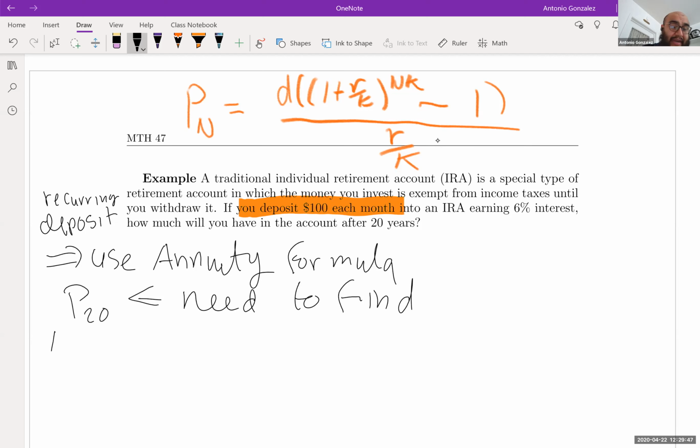In other words, capital N is equal to 20. Let's see if I know the other variables. You deposit $100 each month, so our recurring deposit D is $100.